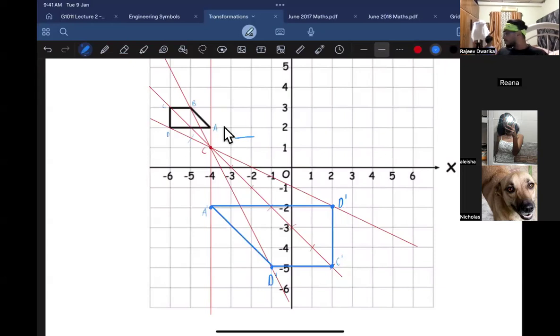So teach them. What is 1 plus 1? Teach them.